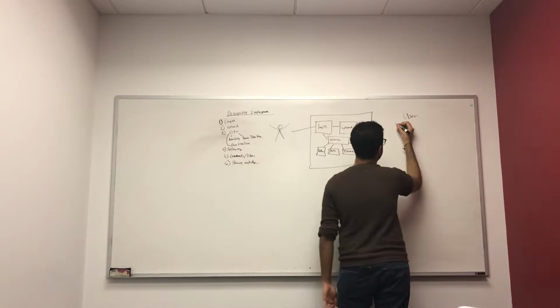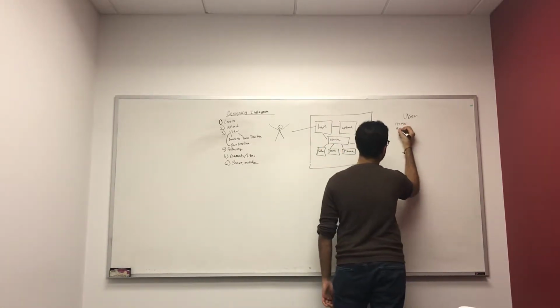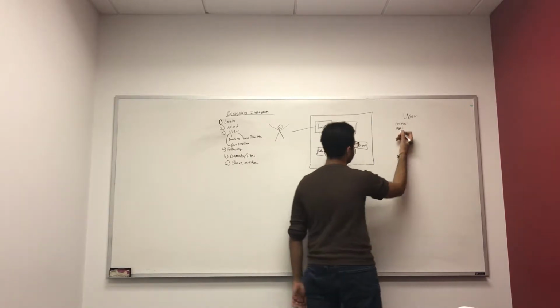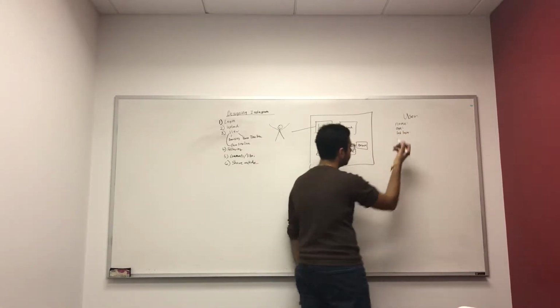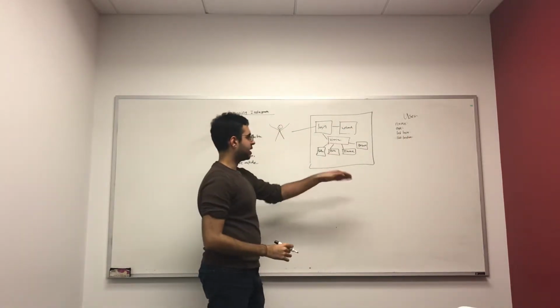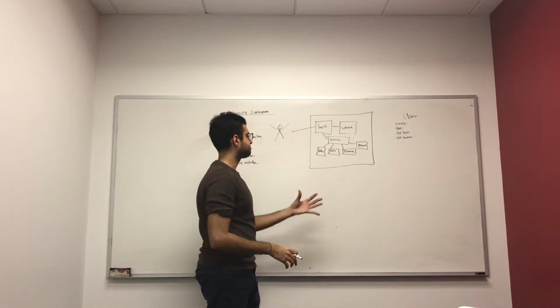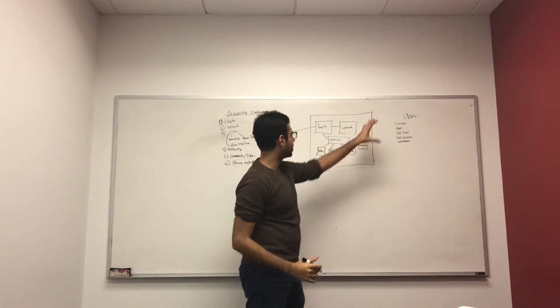A user could have attributes such as name, age, last login, location, last login location, so last location. So we have name, age, last login, username. So that's how we can think about a user.